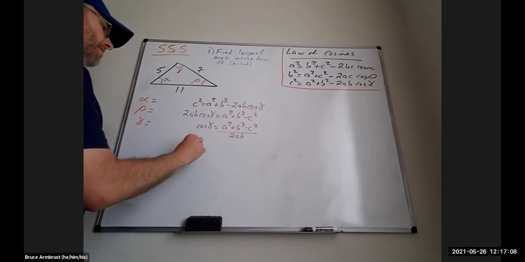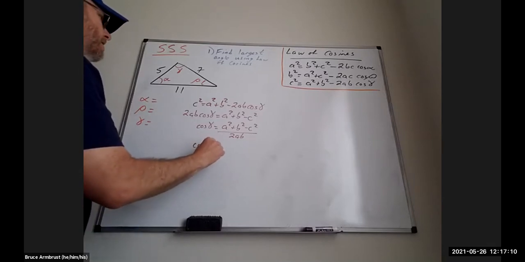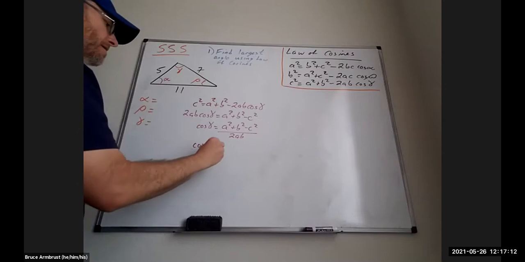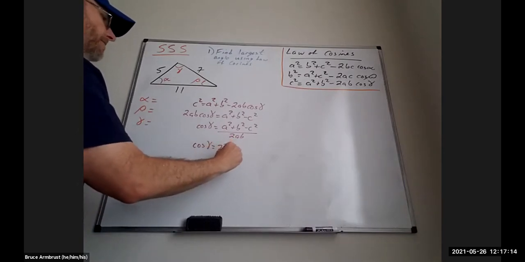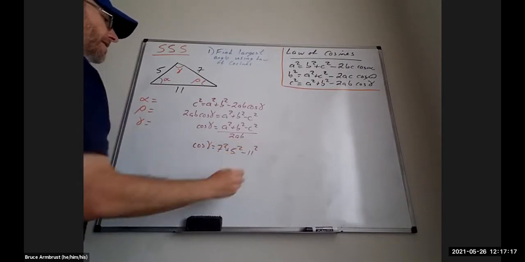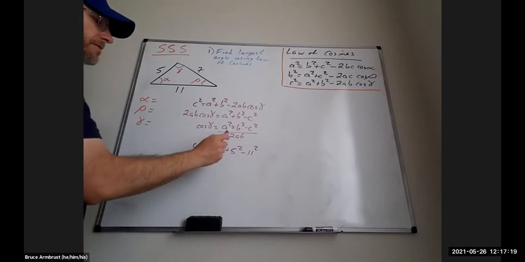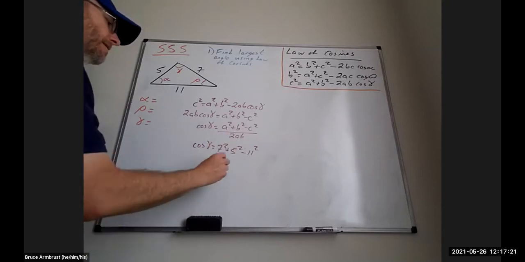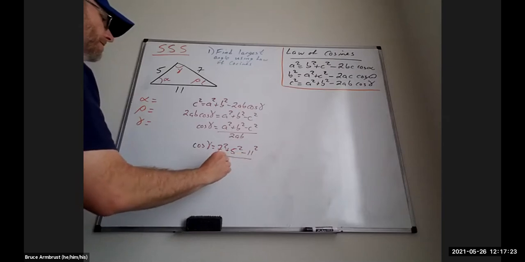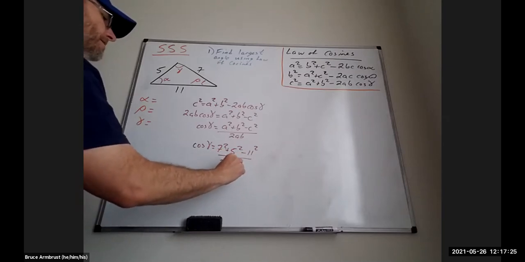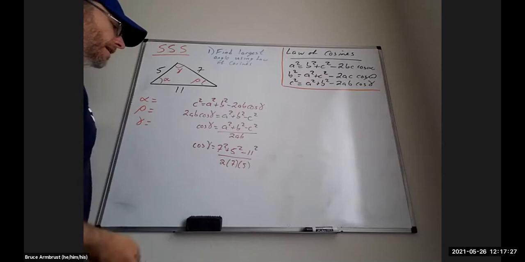So let me put in those numbers. a was 7, so 7 squared, b was 5, and c was 11. So 7 squared plus 5 squared minus 11 squared over 2 times 7 times 5.